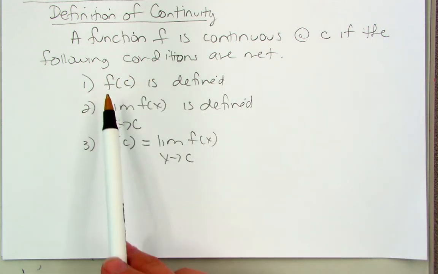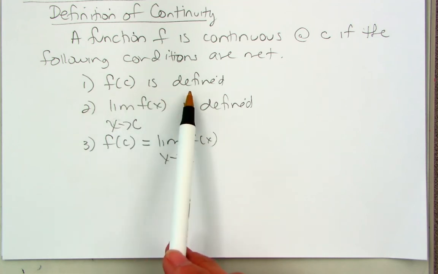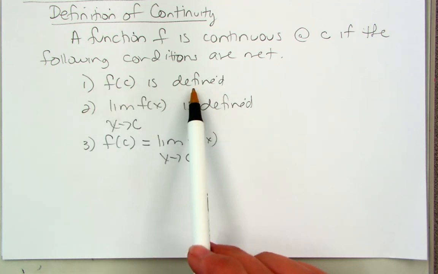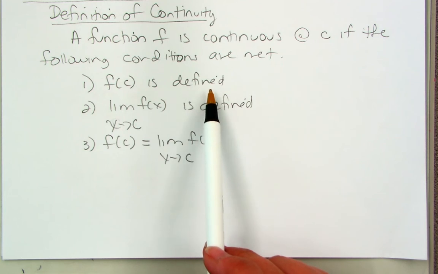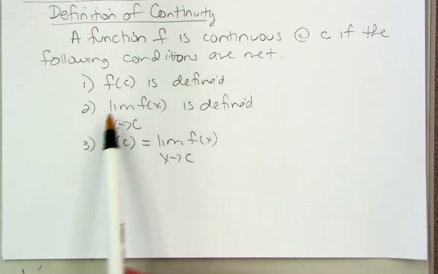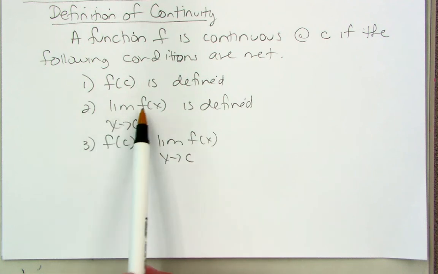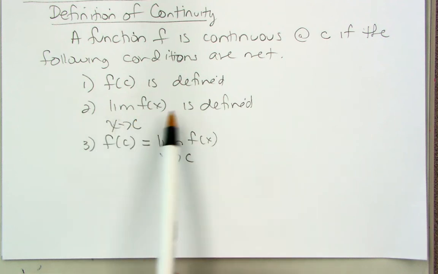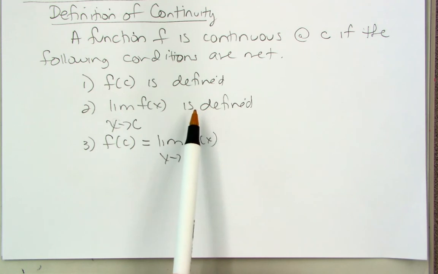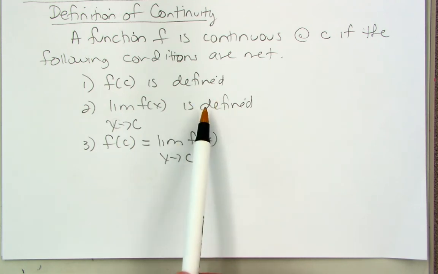Number 1, f of c is defined. That just means f of c exists. There's an answer like 2 or 3 or -4 or 1/2 instead of the word undefined. Number 2, the limit of f of x as x approaches c has to be defined. In other words, you can't say undefined. It has to have some answer.